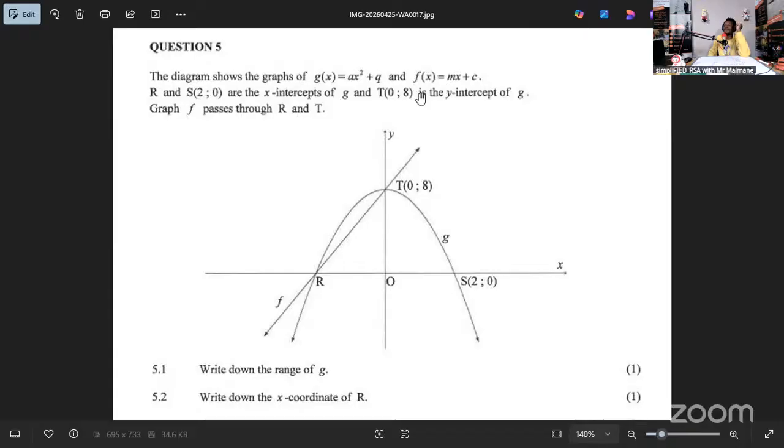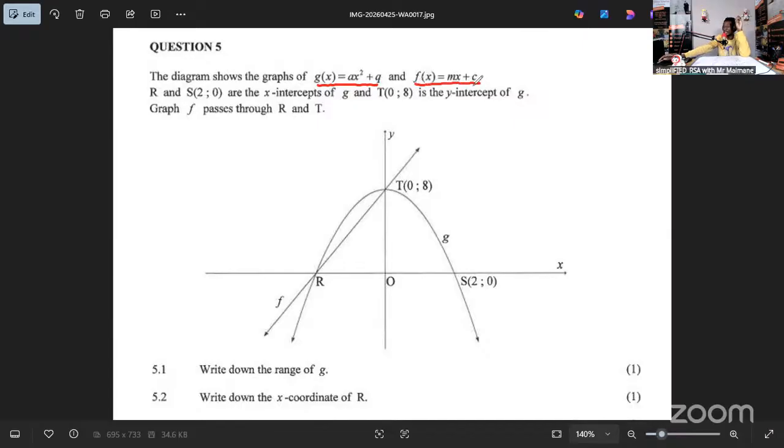The diagram shows the graph of g(x) = ax² + q, and it also shows f(x) = mx + c. Great. Two functions. One is this one, and one is this one.